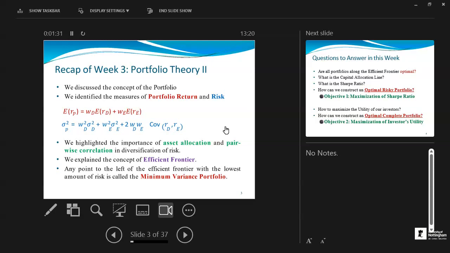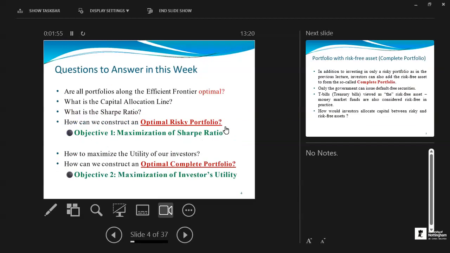We defined what an efficient frontier is. The efficient frontier is a curve that shows the maximum return that you can achieve for a given level of risk. And within the efficient frontier, the portfolio which has the lowest risk is what we define as the minimum variance portfolio.